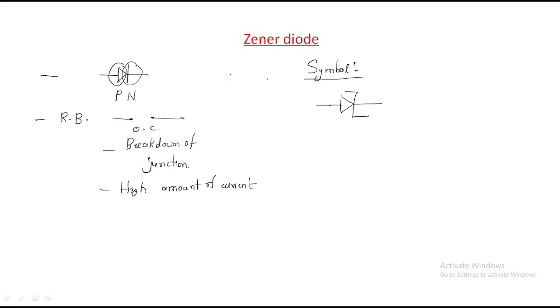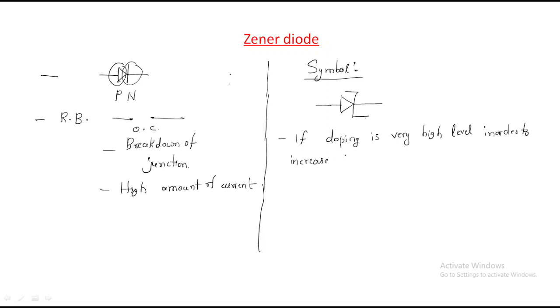By using that phenomenon, we make this normal junction diode with a very high level of doping, in order to control the breakdown voltage.